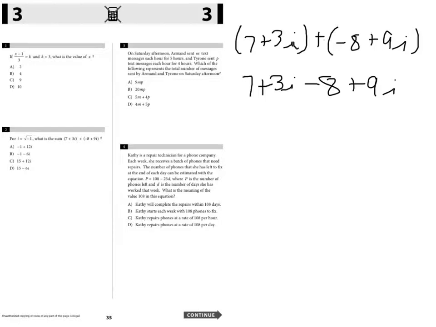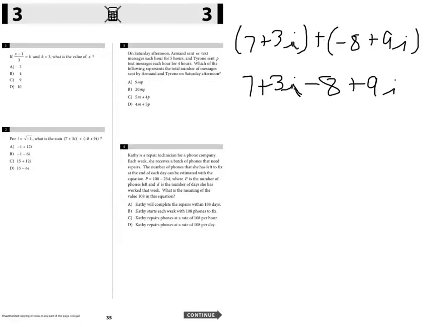If we were multiplying here, yes, very important. But since we're just adding here and finding the sum of these two things, it's not really needed. If you like, you can even treat i here as just some variable. You can even say it's like x if you want. So I just took off the parentheses and rewrote it as 7 plus 3i minus 8 plus 9i.